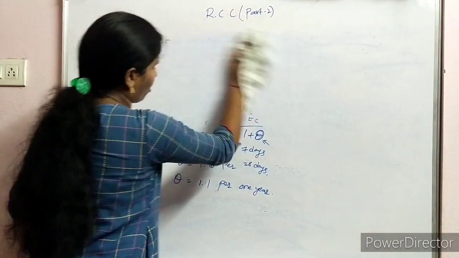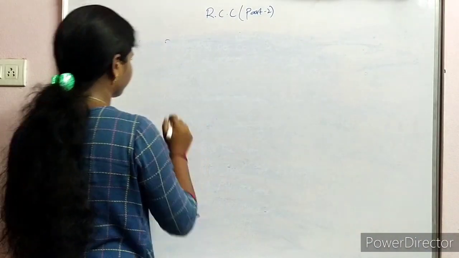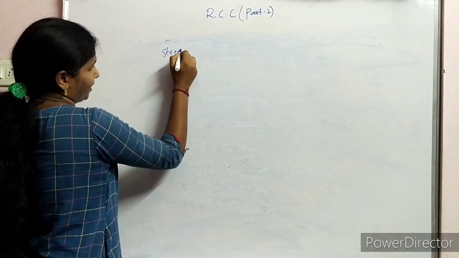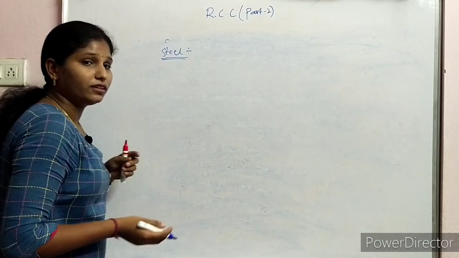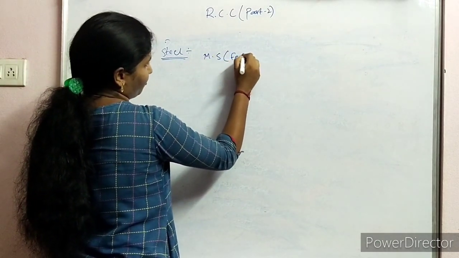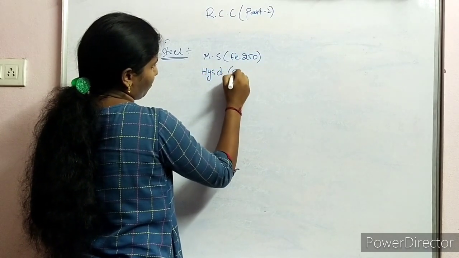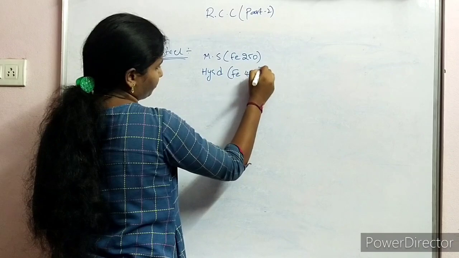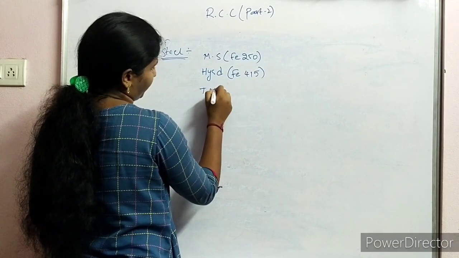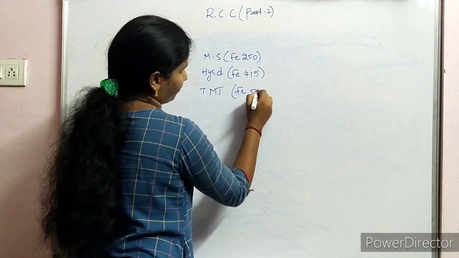Now the properties of concrete are completed, and we have to know something about steel. Yesterday we discussed the grades and types of steel. Mild steel is Fe 250, HYSD bars are Fe 415, TMT, that is thermomechanically treated steel bars, are Fe 500.